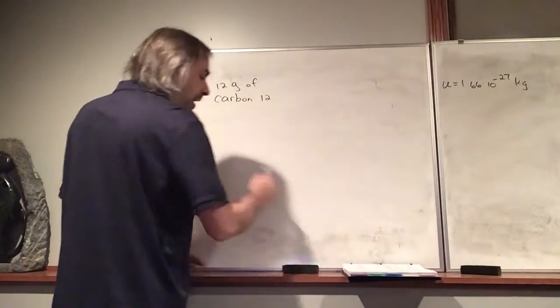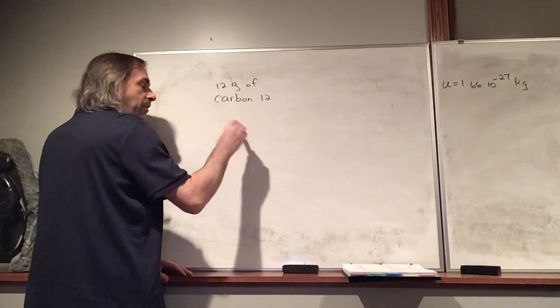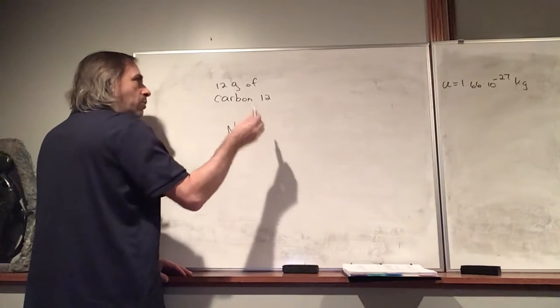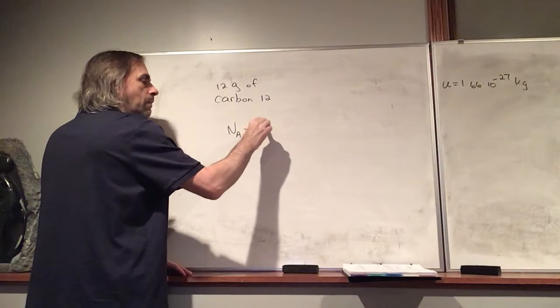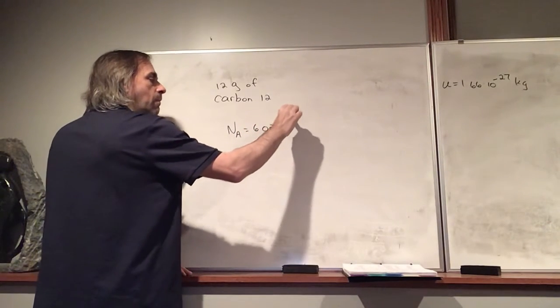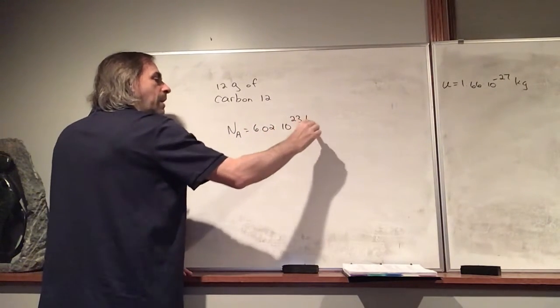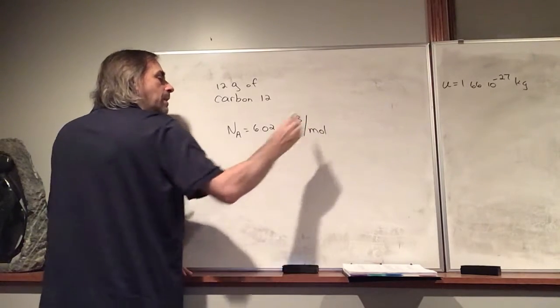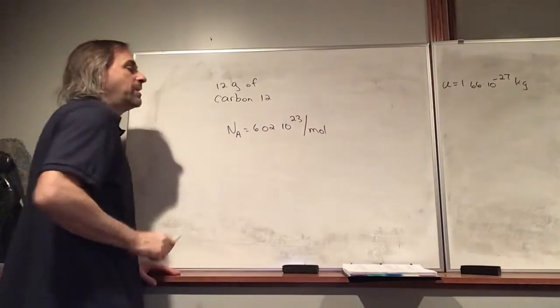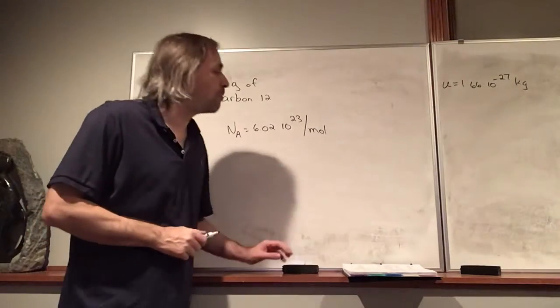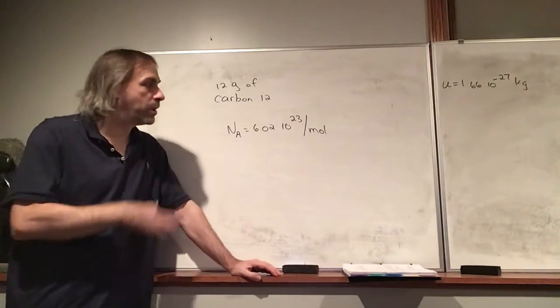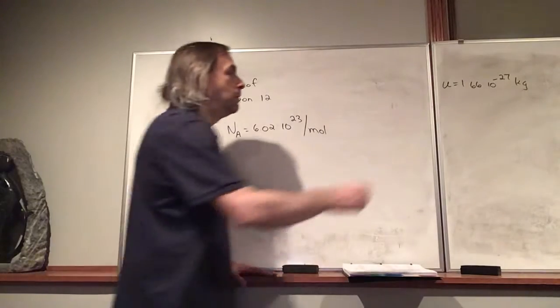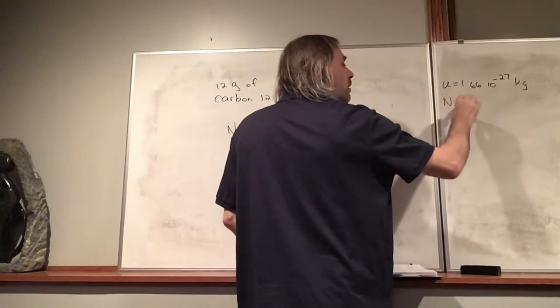And the answer to that is something called Avogadro's number. Now I'm going to write it like this: 6.02 times 10 to the 23rd per mole. We haven't talked about what moles are yet, but we'll get to that in a moment. So here, I'll put that over here.